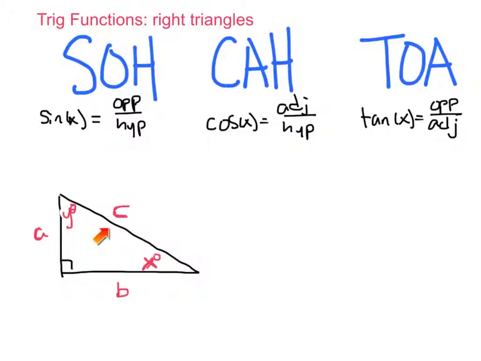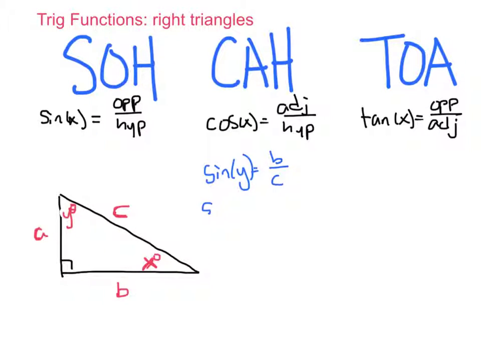So I know that the sine of y is equal to, sine is opposite over hypotenuse, so the opposite of y would be b over the hypotenuse c. So the sine of y is b over c.